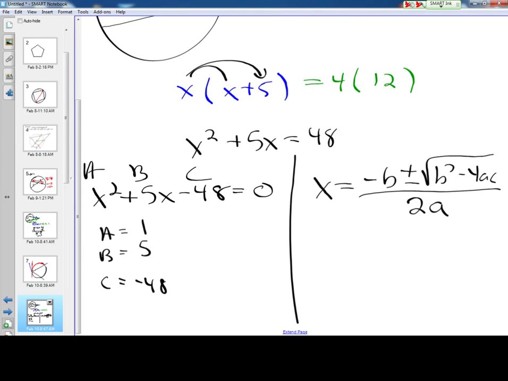So you follow How Goes the Weasel, and it says x equals opposite b plus or minus square root b squared minus 4ac over 2a.